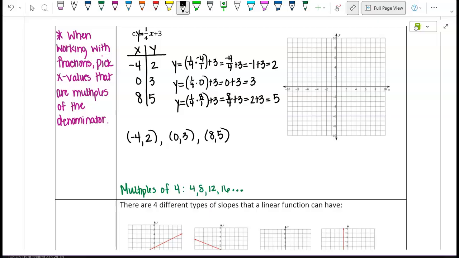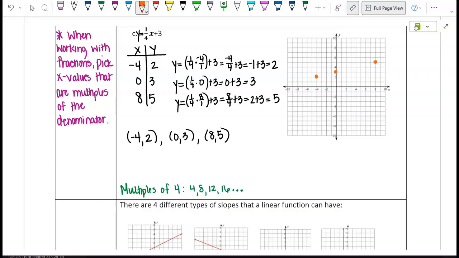And now that I have my 3 ordered pairs, I can go ahead and graph them. So negative 4, 2: 4 to the left and 2 up. 0, 3: 0 left or right and up 3. And then 8, 5: 8 to the right, up 1, 2, 3, 4, 5.